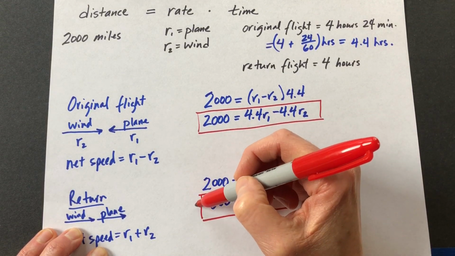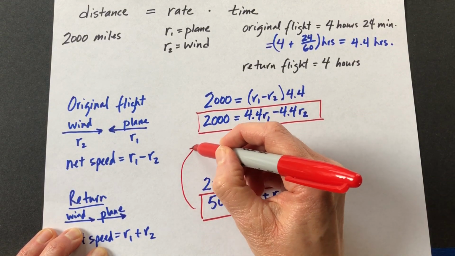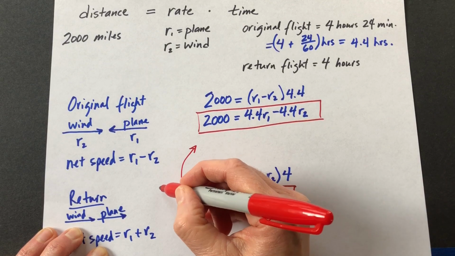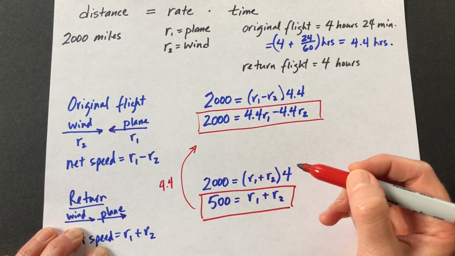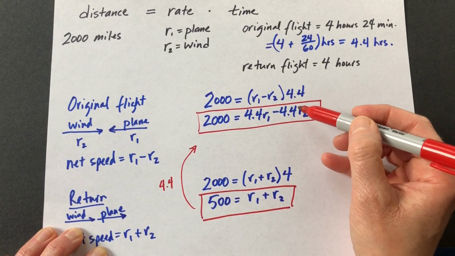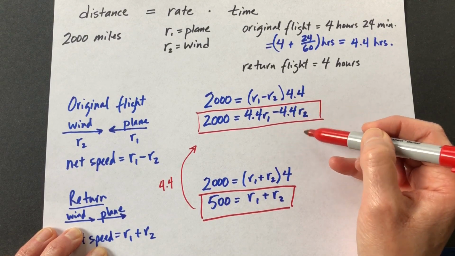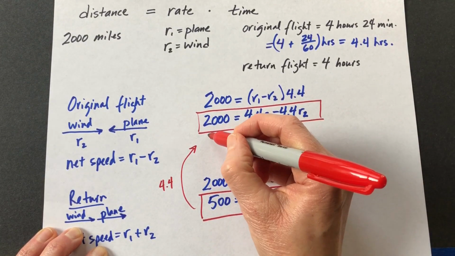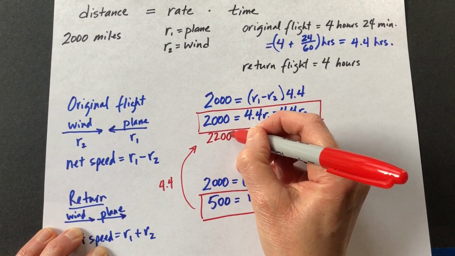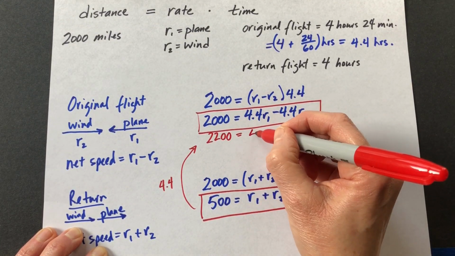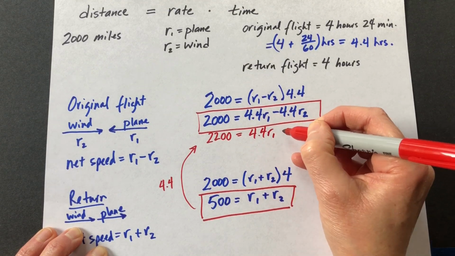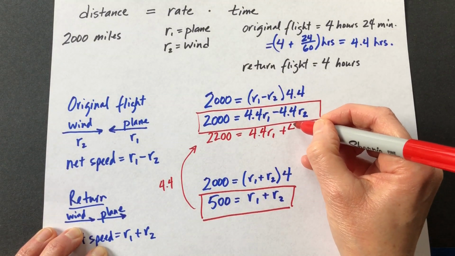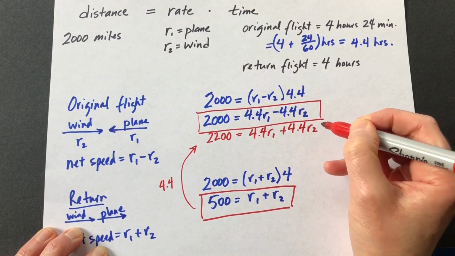So if I just multiply this equation times 4.4, I'm going to end up with coefficients of R2 that are opposite, and they will cancel each other out. So I end up with 2200 equals 4.4 R1 plus 4.4 R2.